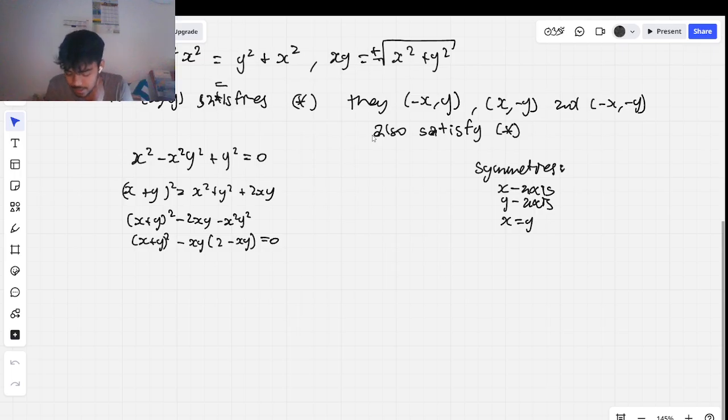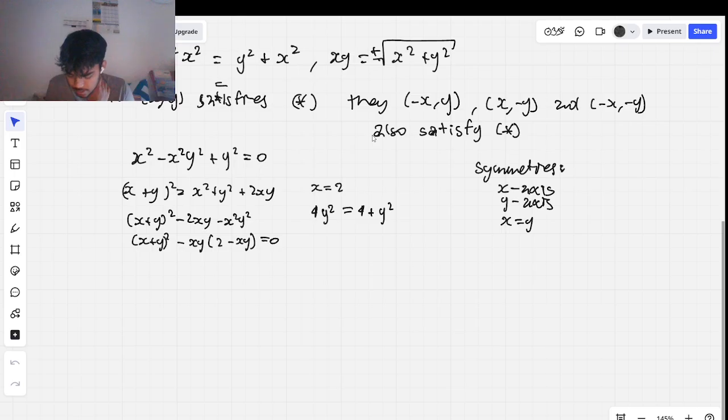I can say, for instance, if x is equal to 2, then you have 4y squared is equal to 4 plus y squared.